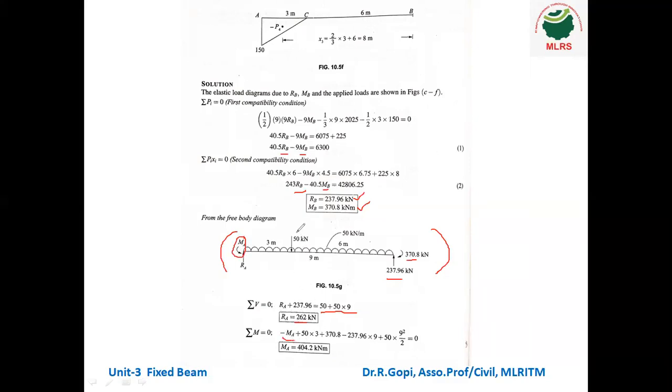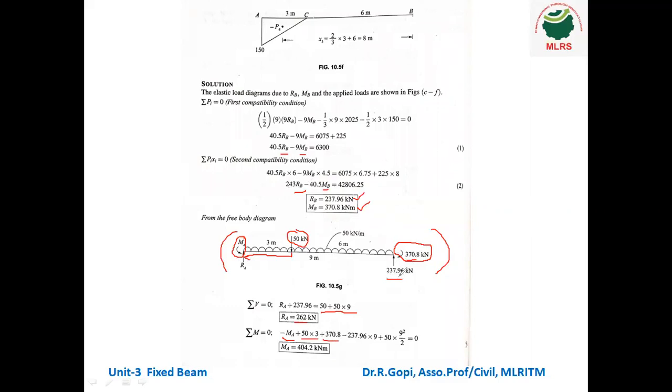Okay. So next, load into perpendicular distance. What is the perpendicular distance? 3 meter. So this force into this perpendicular distance. 50 into 3. Next, 370.8. 370.8 is nothing but the clockwise moment. Okay. This moment also will come here. Next, reaction RB.